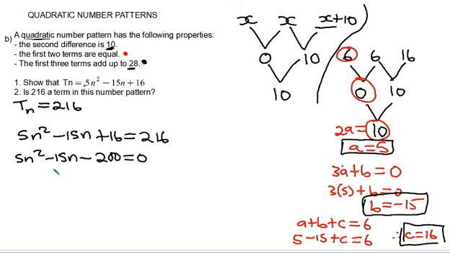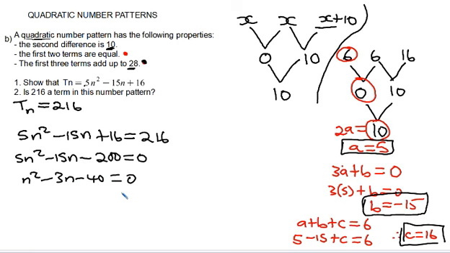All of them are multiples of 5, so we can divide through by 5. Divide by 5 here, we have n squared. Divide by 5 here, we have 3n. And then minus, divide by 5 here, we have 40, minus 40, and that is equal to 0.